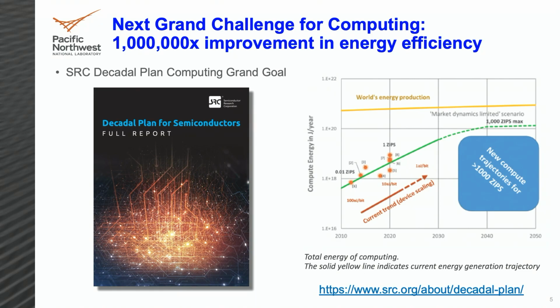One of the key seismic shifts that was identified in this report and the workshop series was the need to really take a serious look at energy efficient computing, and this is much more than what we've traditionally been talking about. The recommendation from the report was we need to be thinking like a million times improvement in energy efficiency.